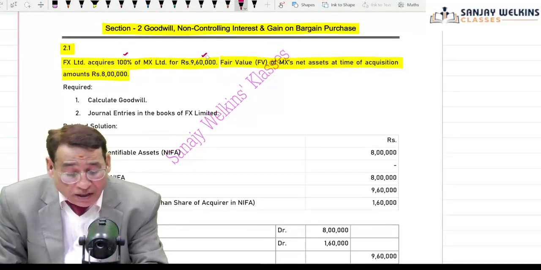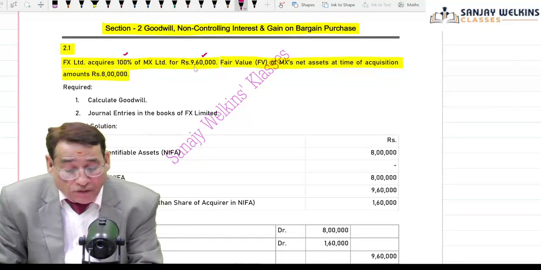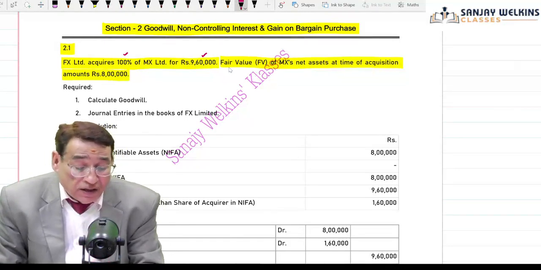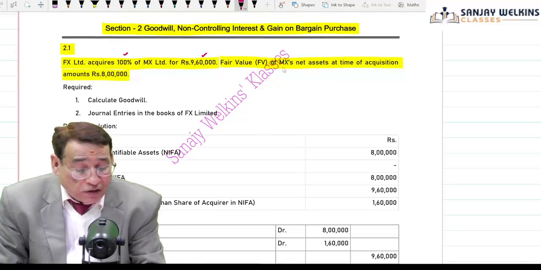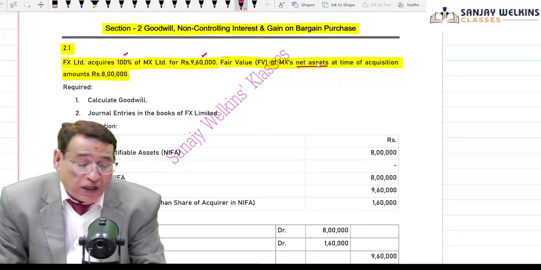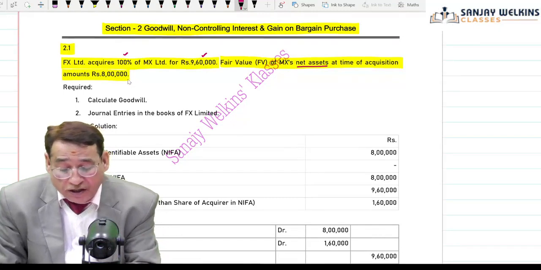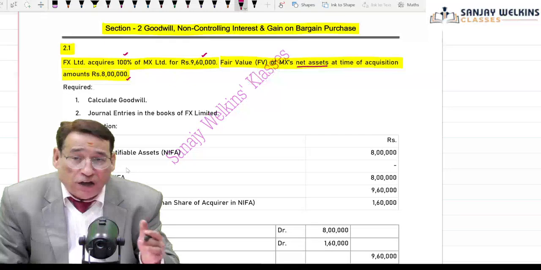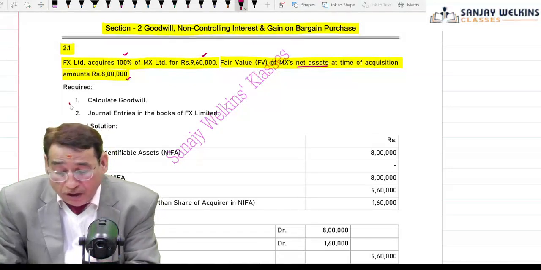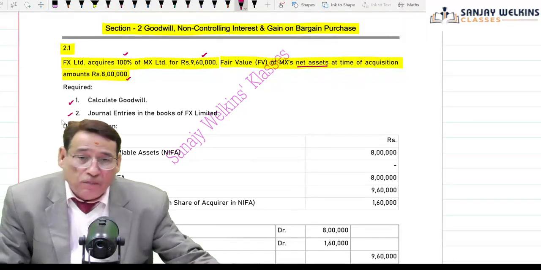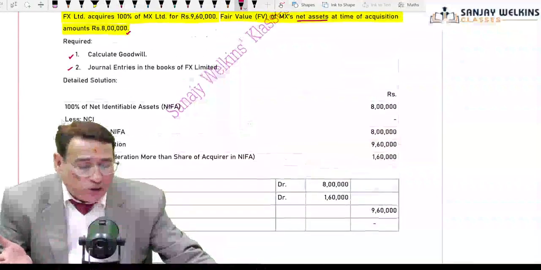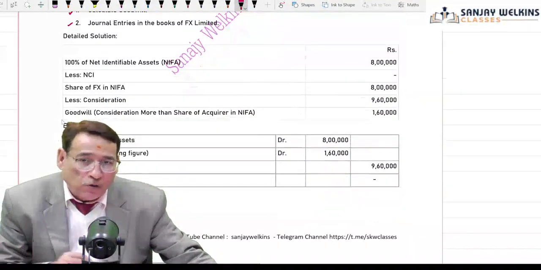You are acquiring the control by paying an amount of 9,60,000 rupees, number two. And it is also given that the fair value of net assets is equal to 8 lakh. You are being asked to compute the amount of goodwill and pass entries in the books of FX Limited. Now that should not pose you any trouble. You should be in a position to do this question very easily.